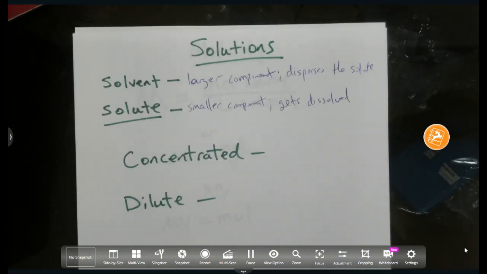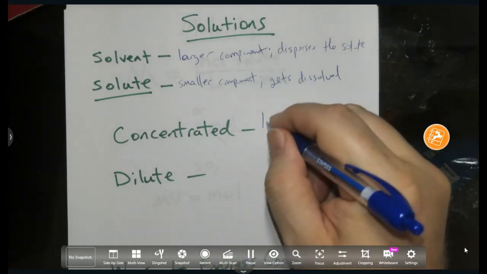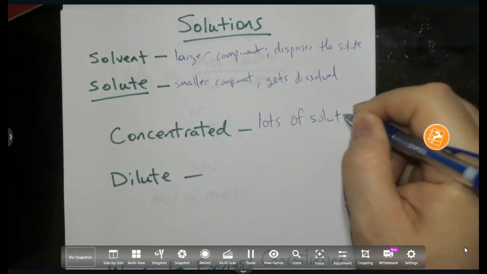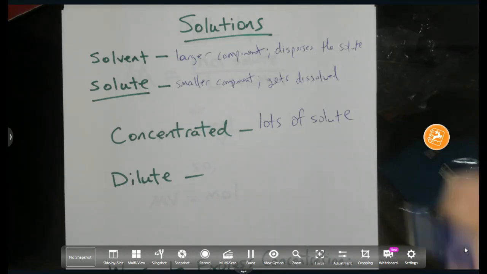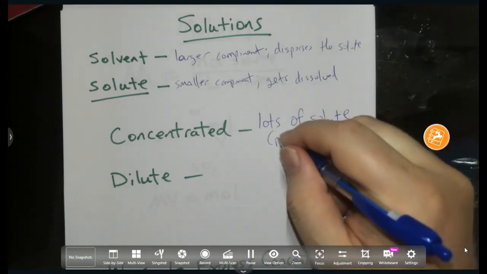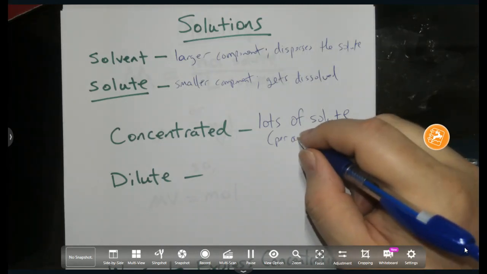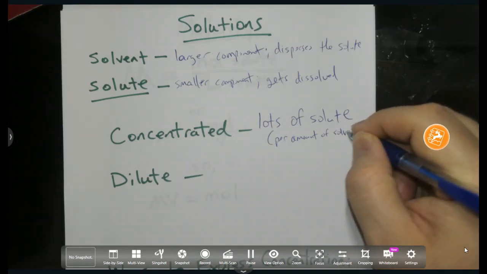And now we have two more vocab words that we did before spring break to help us talk about how much solute is actually there. So concentrated means basically that you have lots of solute. Lots of ions, lots of molecules if it's covalent. You just have lots of solute, and I'll put this little disclaimer here, per amount of solvent.